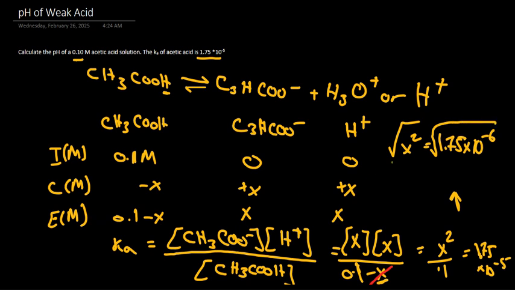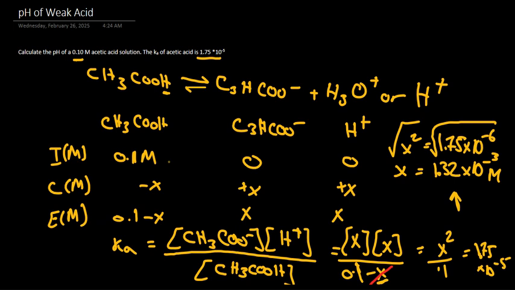Here we go. x is going to have a positive and a negative value, but remember, you can't have a negative concentration, so you just ignore the negative value. You end up with the square root of the answer, and that should give you a value close to 1.32 times 10 to the minus 3, and that's in molarity, because we started with molarity here.